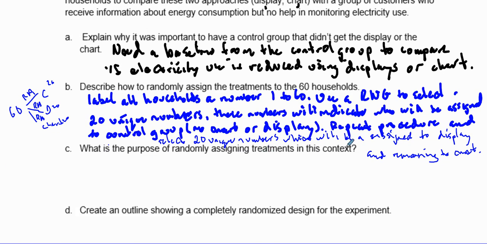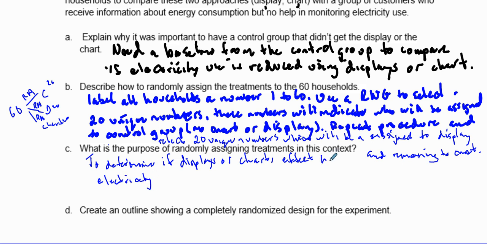What is the purpose of randomly assigning treatments in this context? To determine if displays or charts affect household electricity usage, specifically if it's reduced.